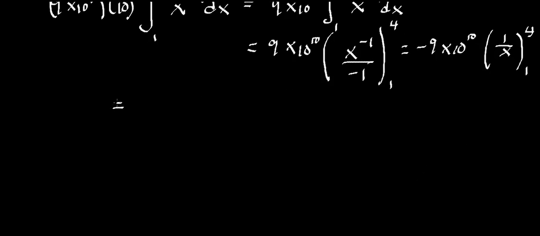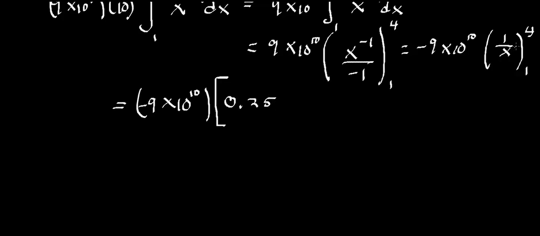So this is going to be equal to negative 9 times 10 to the 10th. Let's pull that out front, and then we're going to evaluate it at the upper limit and subtract it off from the lower limit. So what we're going to have essentially is 1 over 4, that's basically just 0.25. And then we subtract off 1, that's minus 1.00.